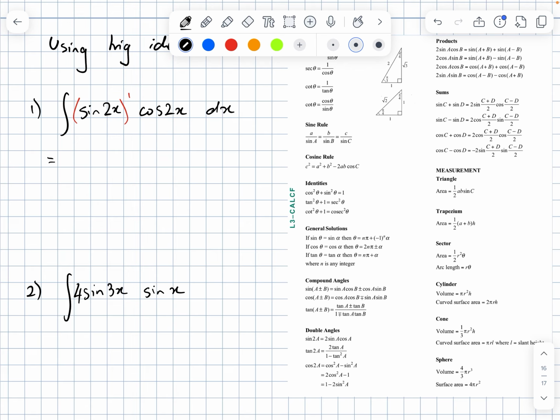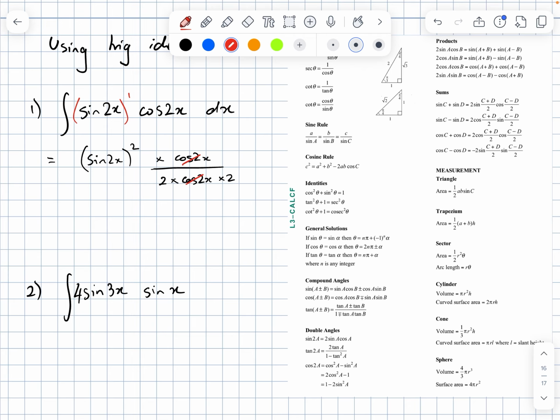I'm going to get sine 2x in brackets to the power 2, because I've raised the power of the bracket by 1. I've still got the other term there. I'm now going to divide by the new power and by the derivative of that bracket. So that would be cos 2x times by 2.